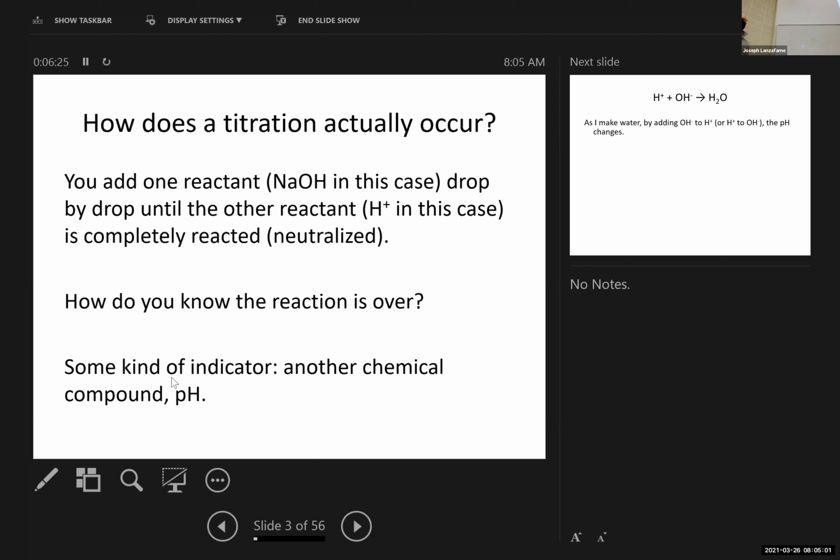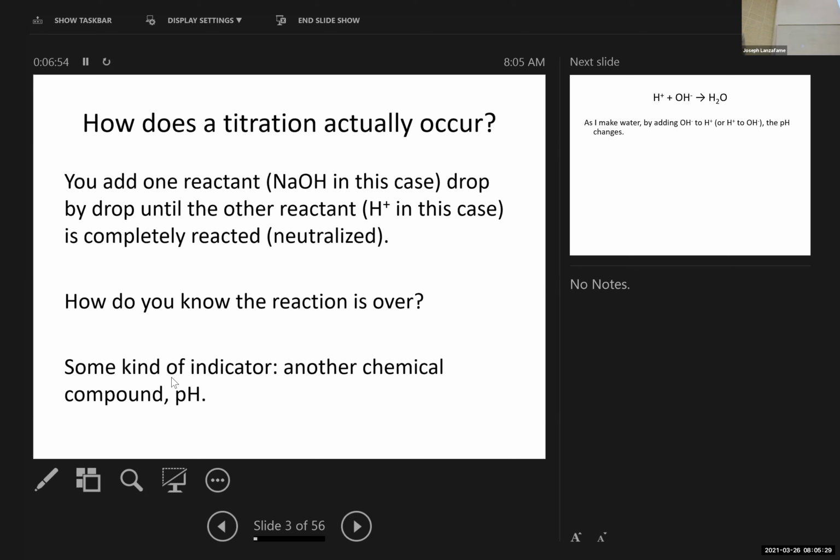In the case of acid-base reactions, which I believe somewhere along the line in lab you've done the titration, right, there's a couple ways you could know that you've reached the end of the reaction. A lot of times it is identified chemically because there is a pH change that occurs near the end point.